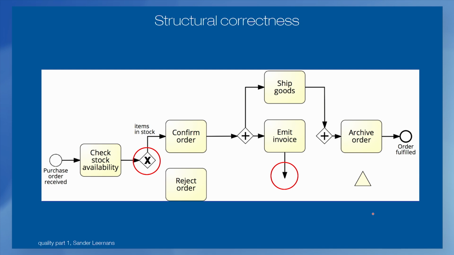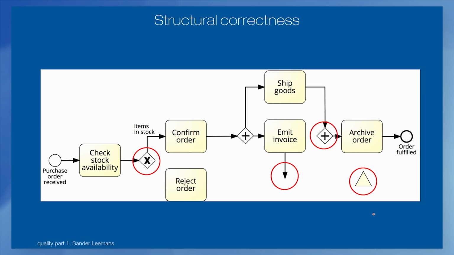We have a dangling sequence flow. The sequence flow doesn't go anywhere, and that's not allowed by the BPMN standard. Here again, we have a trivial gateway, and here we have a triangle that doesn't appear at all in the BPMN standard. These are some examples of violations of the BPMN standard.